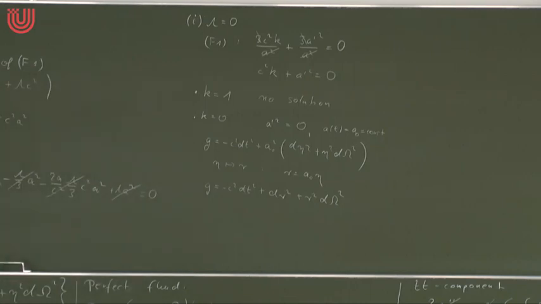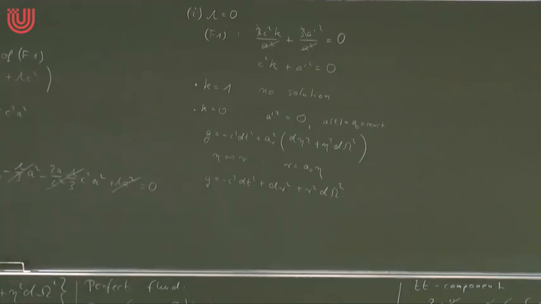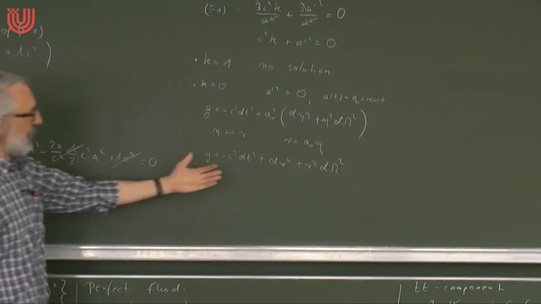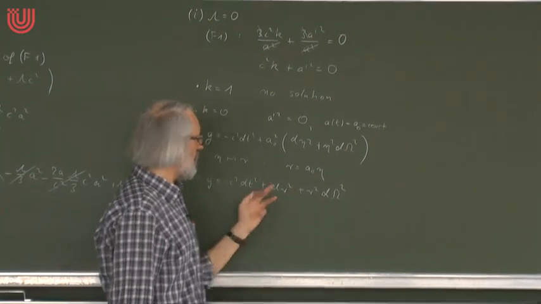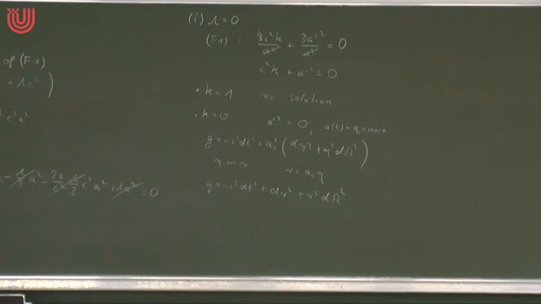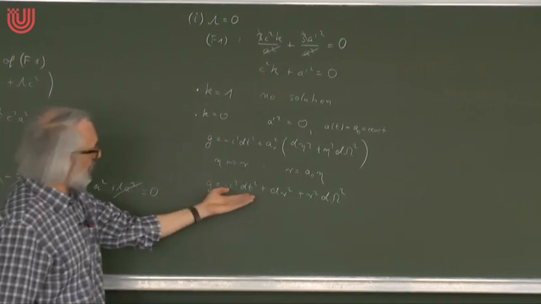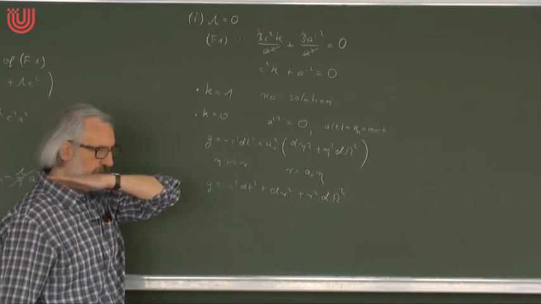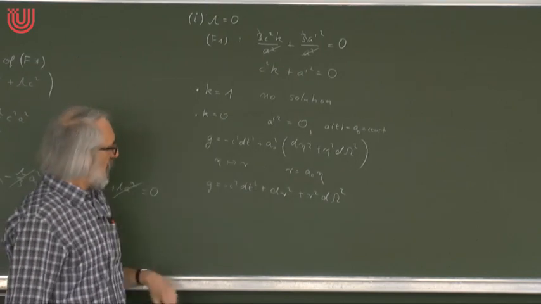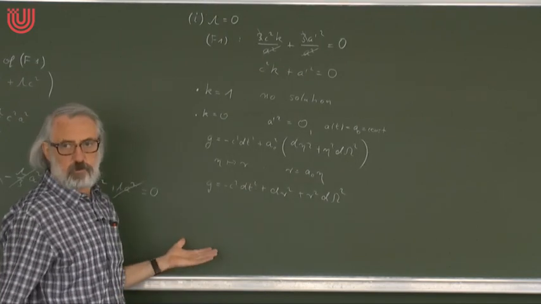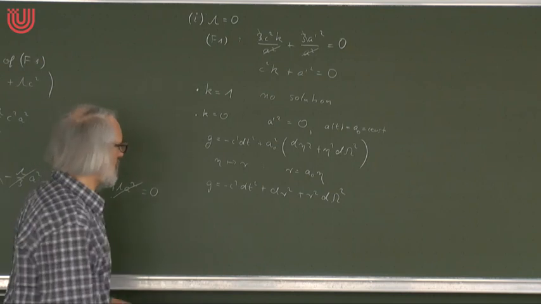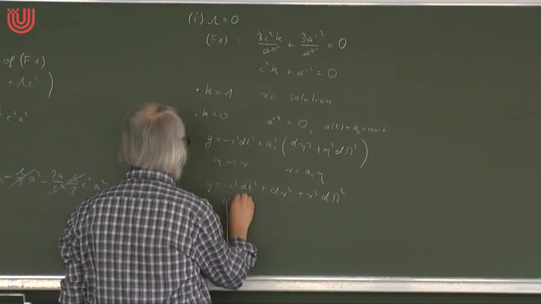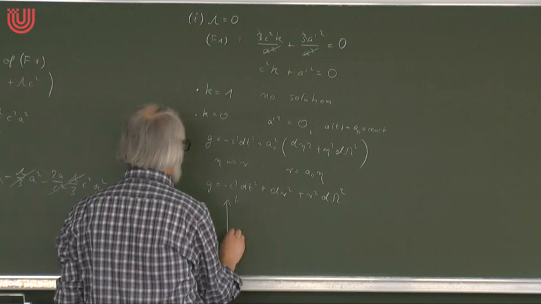I think now it's obvious that this is Minkowski spacetime in spherical polars. The spatial coordinates are spherical polars. And the slicing, the hypersurfaces t equal constants, are precisely the synchronous surfaces for inertial observers. So this is just standard Minkowski space in standard coordinates.